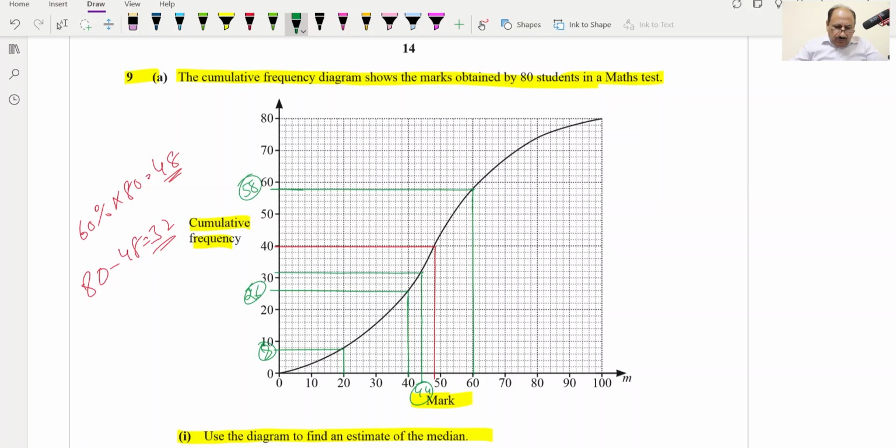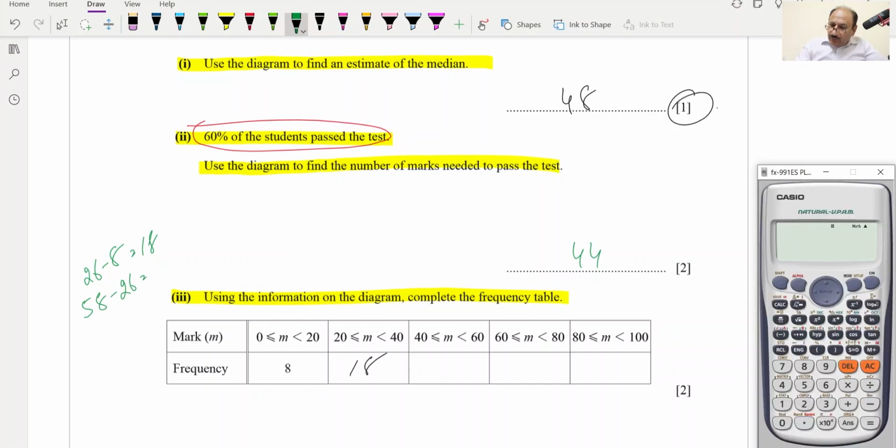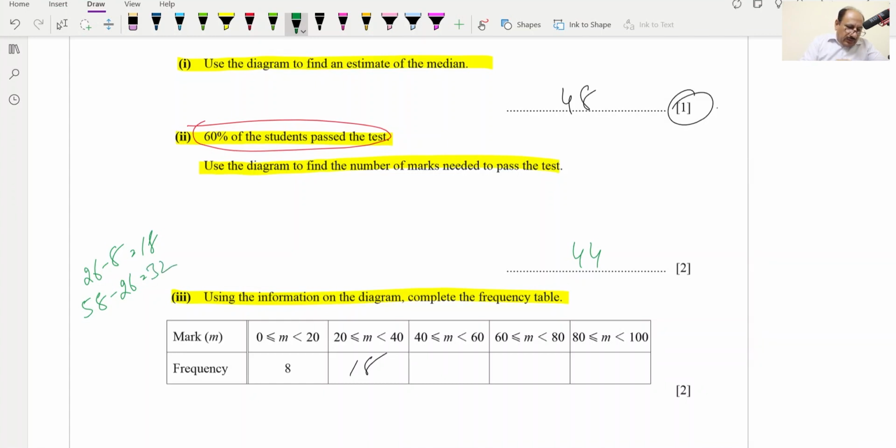So from 40 it is 58 minus 26. 58 is this value, 26 is this value, and 58 minus 26 will be equal to 32, so this value will be 32 over here.